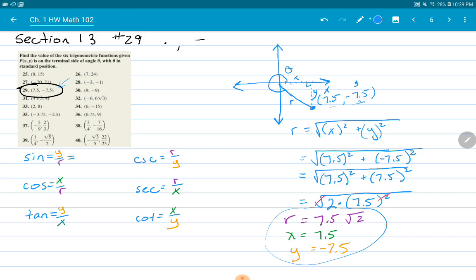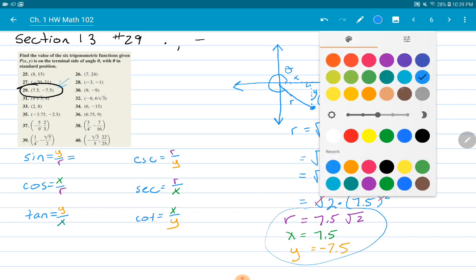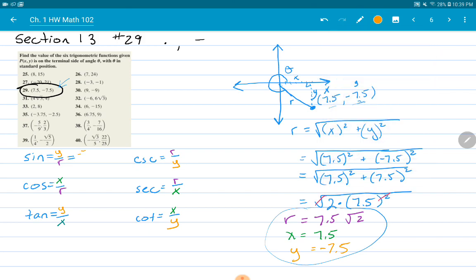The y is going to be the negative 7.5. And r is going to be 7.5 times radical 2. That's the purple. And then my 7.5s will cancel. And I'm left with, I still have that negative there, so I have a negative 1 over radical 2.